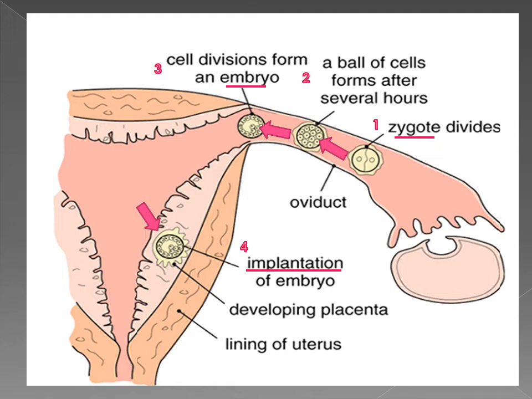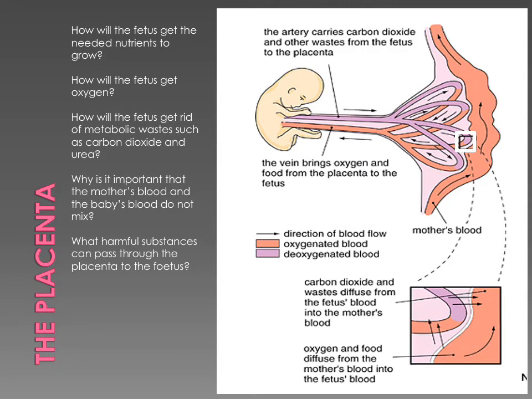So it's something very similar to that. This embryo sinks into the wall of the uterus and it starts to grow a placenta, and this placenta starts to take the nutrients from the blood around it so that the baby can start to grow. When the baby starts to have a definite shape, we call it now a fetus.